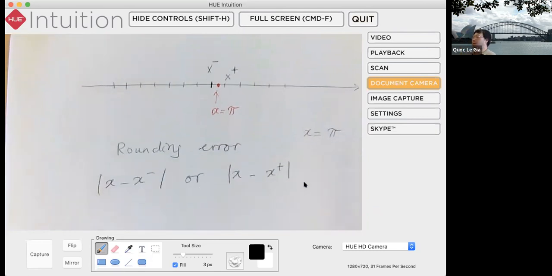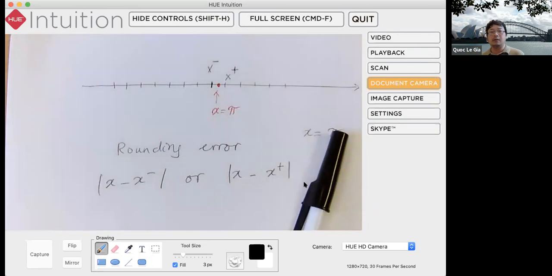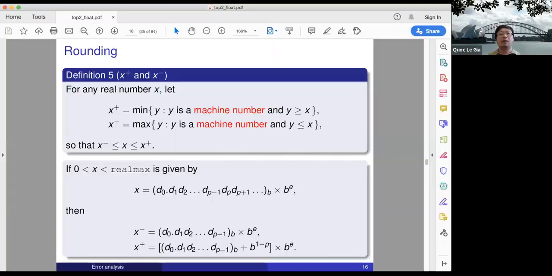So that is the definition. Formally, we have a formula like this. x plus is just the minimal number that is greater than x, and x minus is the maximal number less than x.